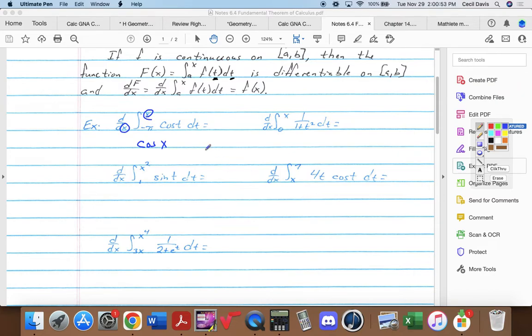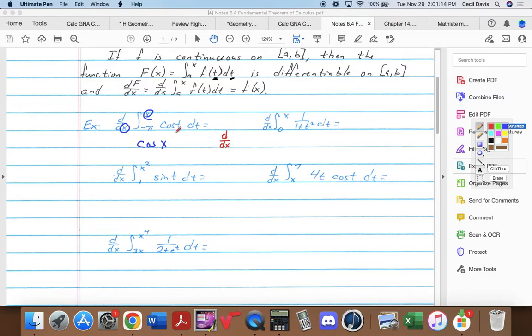Now, could you do this a longer way? Yes, you could. Do not bother writing this down, but let me show you. So, what I'm going to do is actually evaluate this integral like it was a definite integral. It's not because this is a variable, but I'm going to do it anyway.